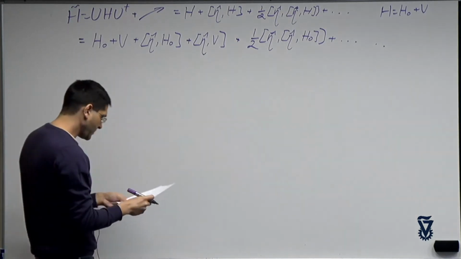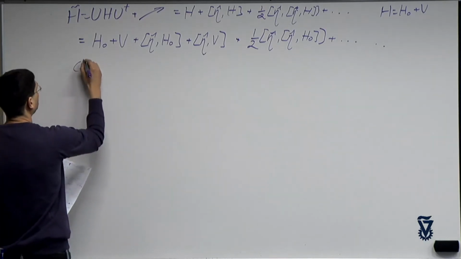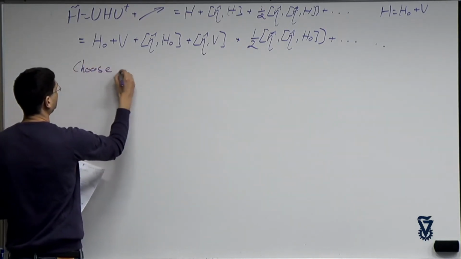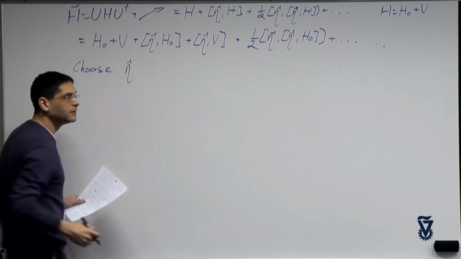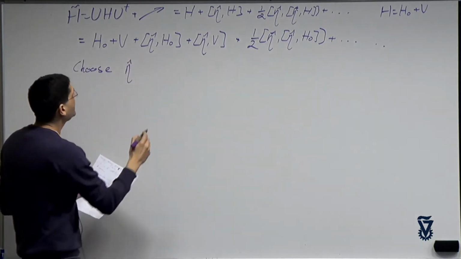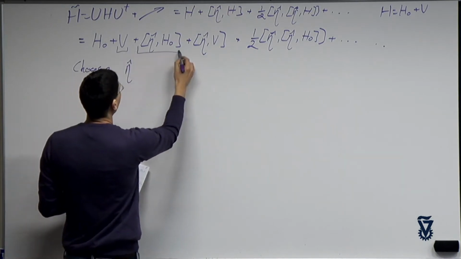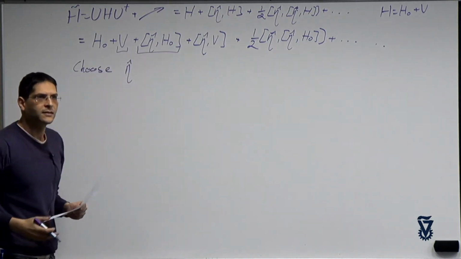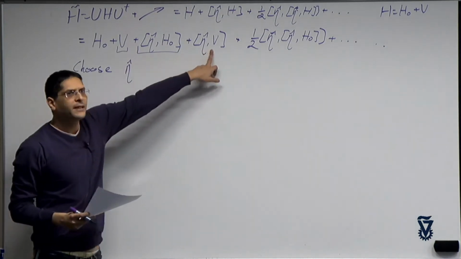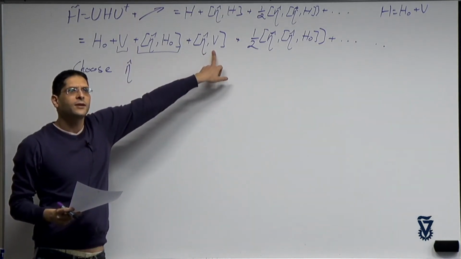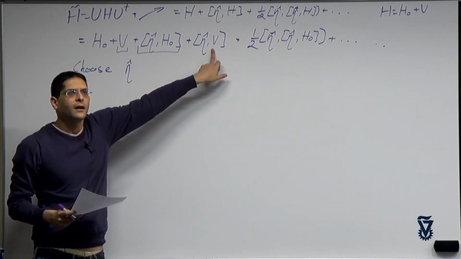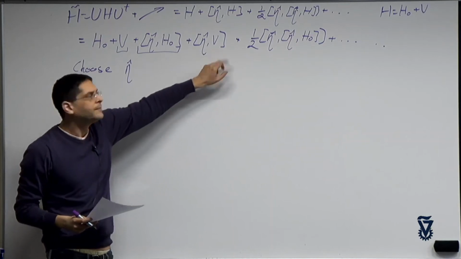We choose eta in such a way that these two terms here, V and this thing, cancel out. And then we're going to be left with this term up here only.